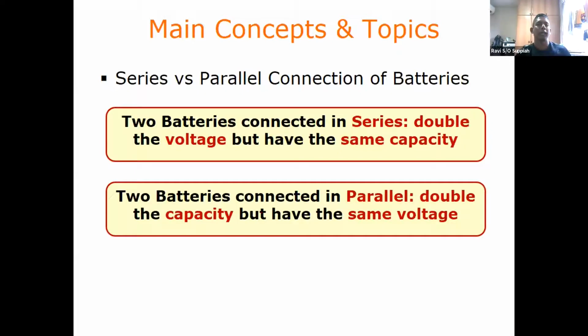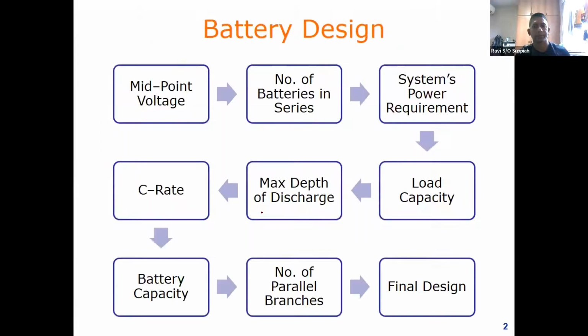Whereas if I have batteries in parallel, parallel components have the same voltage but the currents will add up, so the capacity has doubled. That is the difference between series and parallel connection for batteries. We went through this entire sequence in the studio, step by step, on how to calculate the different aspects of a battery and come up with the design.